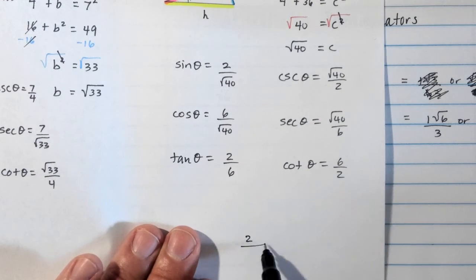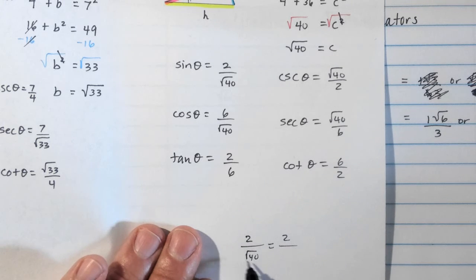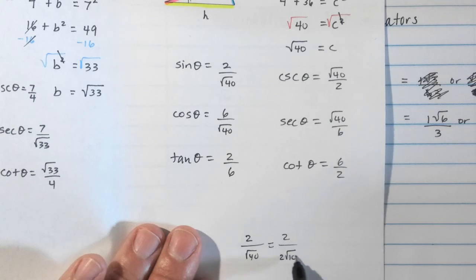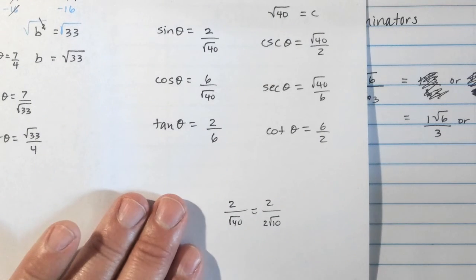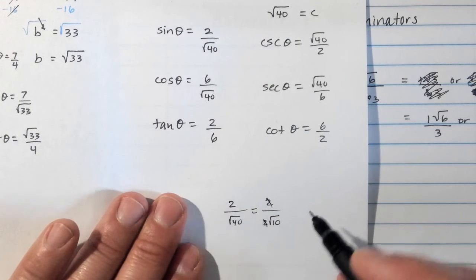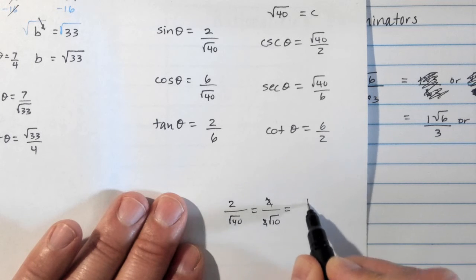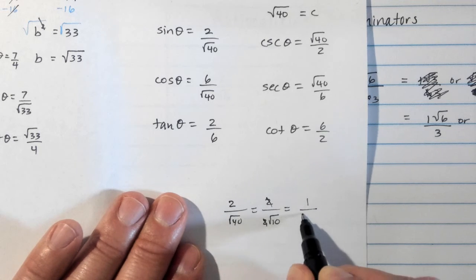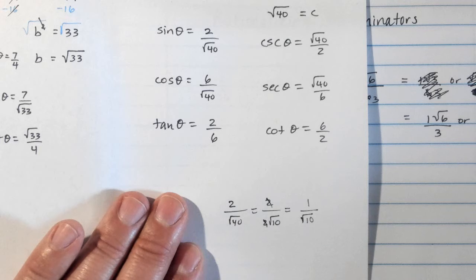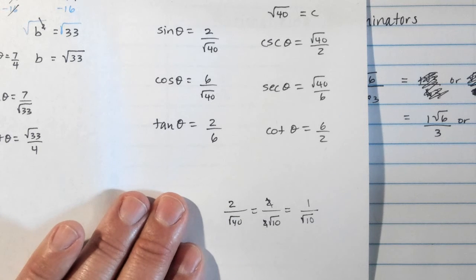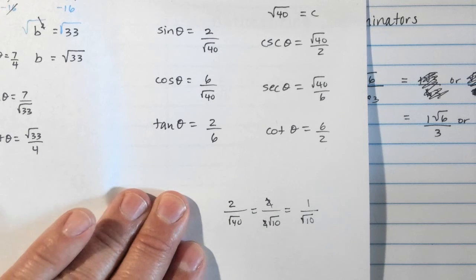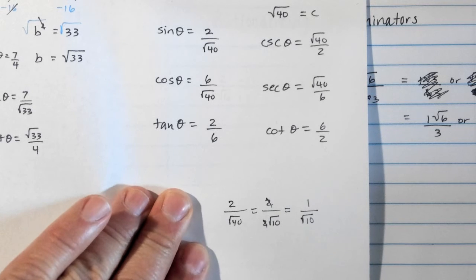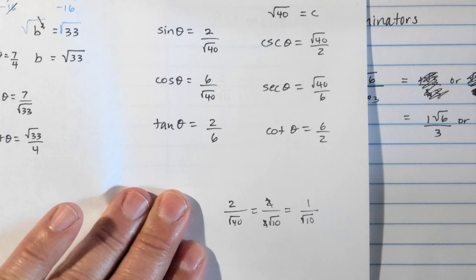So you have 2 over the square root of 40, and we know that this is equal to 2 times the square root of 10, and the 2's get reduced. Okay, and then you can't leave a radical on the bottom, and so you must, it's called rationalizing the denominator.